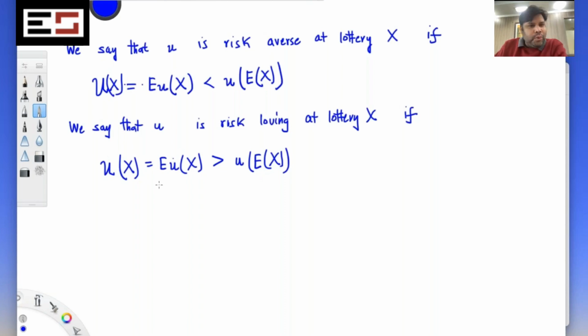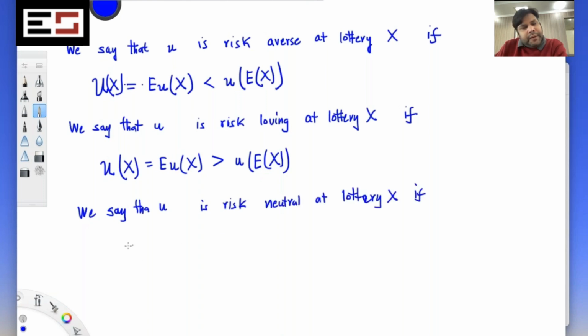But first, we say that u is risk neutral at lottery X if the satisfaction level associated with the lottery is the same as the satisfaction level that the individual will get if he's given the expected value of that lottery. So basically he's indifferent between the lottery and its expected value. In that case we say that this individual is risk neutral at lottery X.